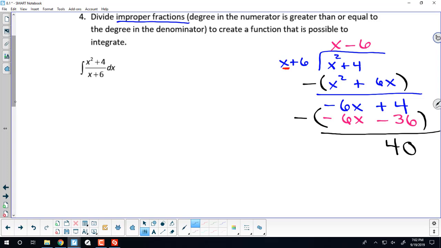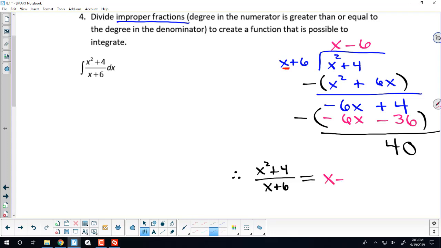So, do y'all remember how to express this now? We would say that x squared plus 4 over x plus 6 is equal to what? x minus 6.